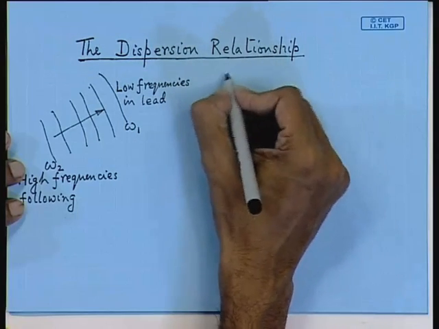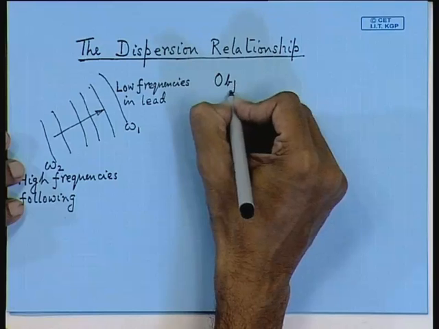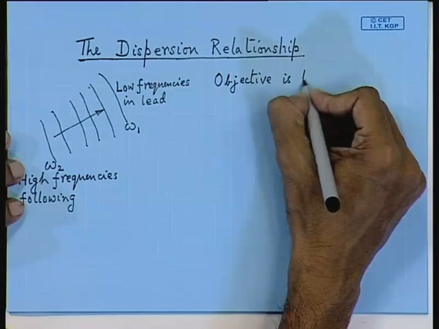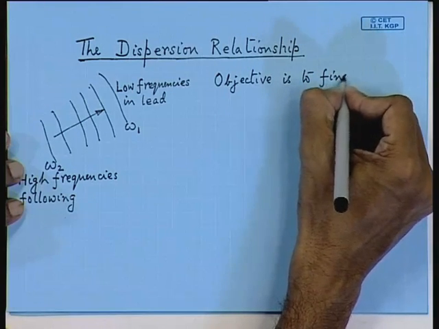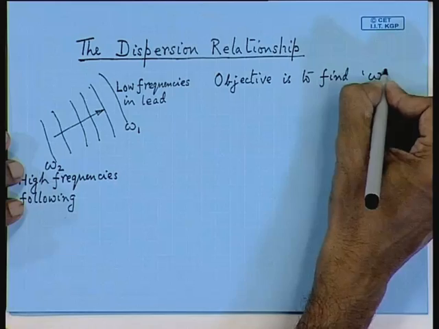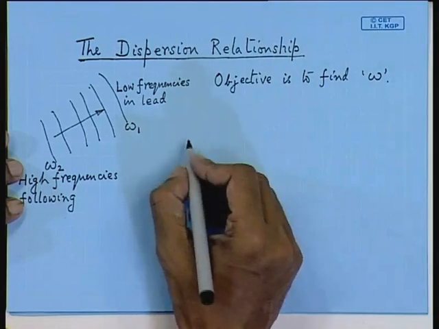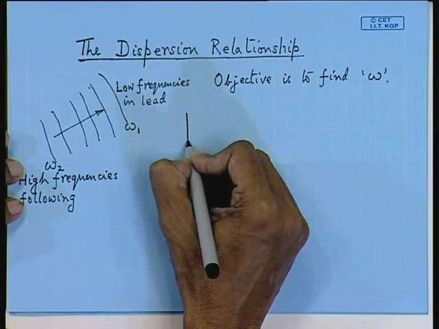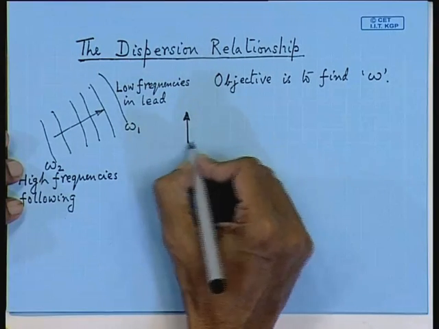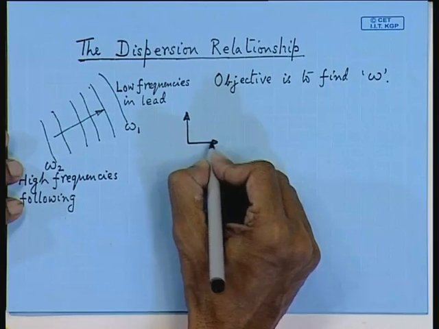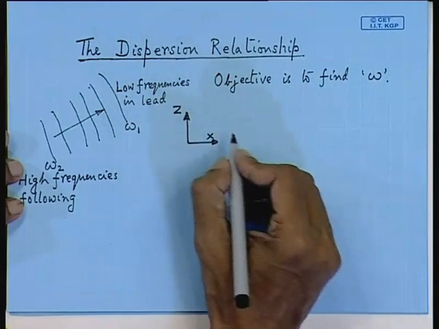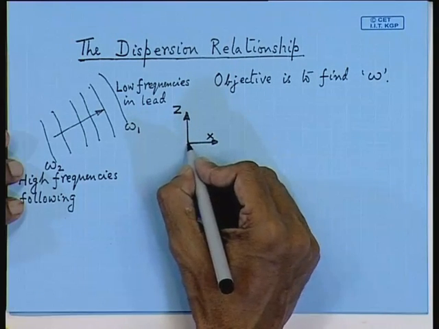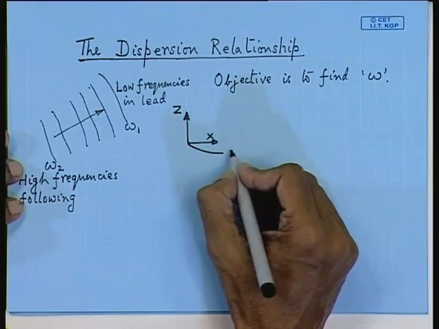In the dispersion, the objective is to find this term omega. So this is our local axis. Now in a hydrodynamic class, you will come across these conditions.